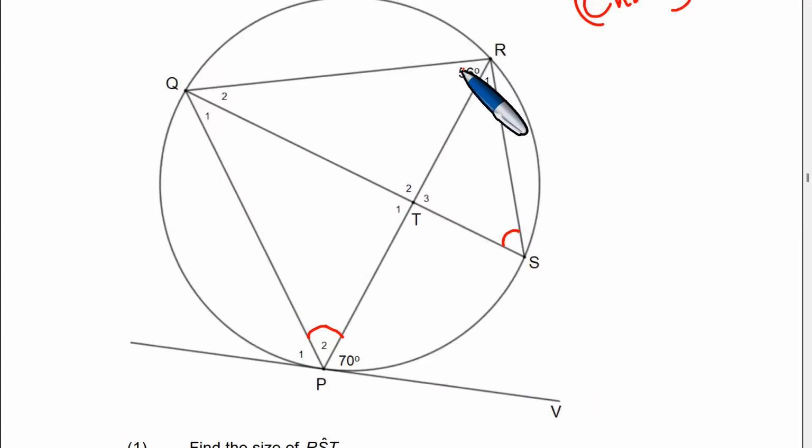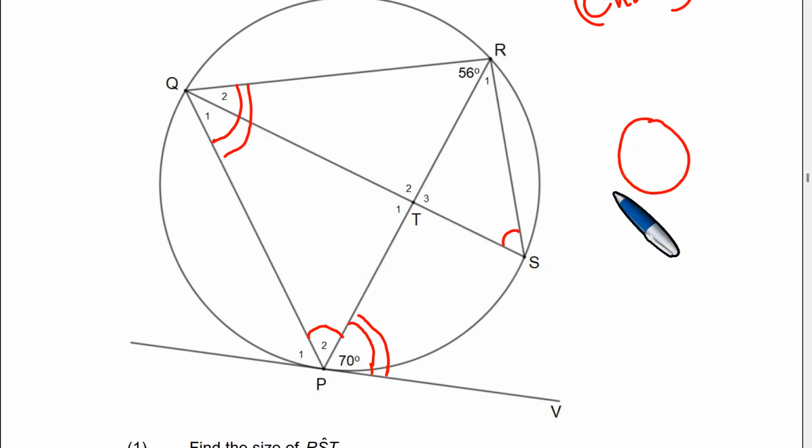This angle is already given, but we have been told that this one is a tangent. So this angle here is equal to that angle there, because of the tangent-chord theorem. If you have this here, and you have this, the angle that sits here is equal to the angle that sits there.